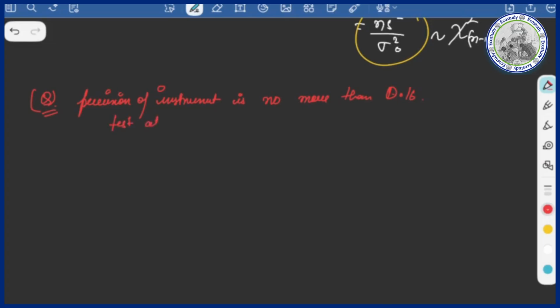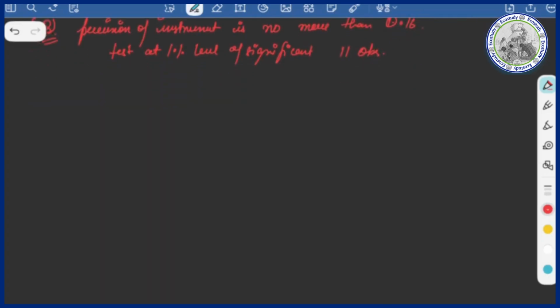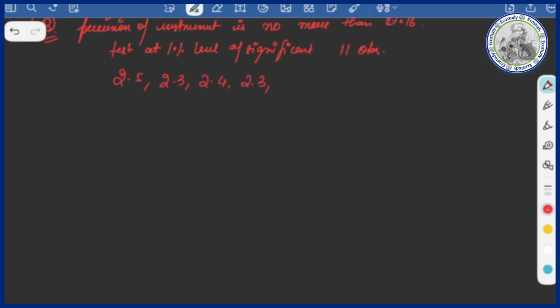Test at 1% level of significance, and we have 11 observations. The observations are 0.5, 0.3, 0.4, 0.3, 0.5, 0.7, 0.5, 0.6, 0.6, 0.7, 0.5. Okay, so what is the null hypothesis?